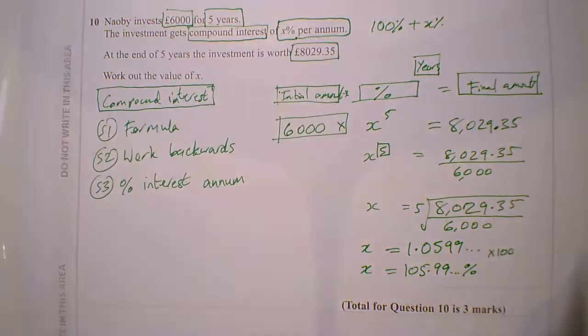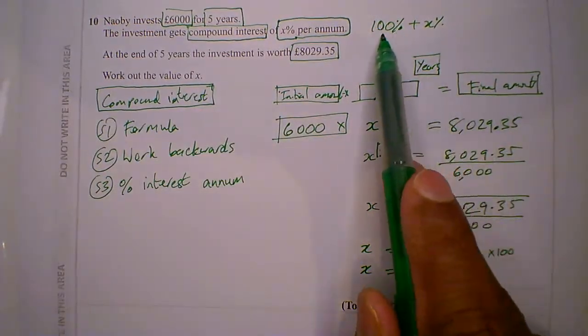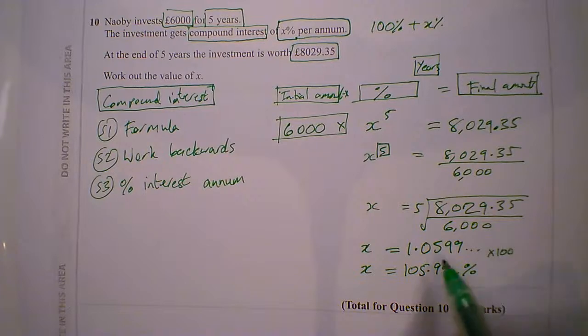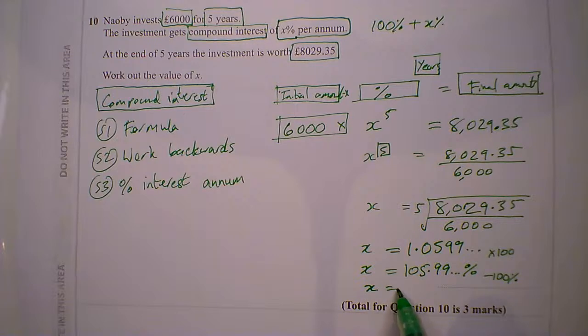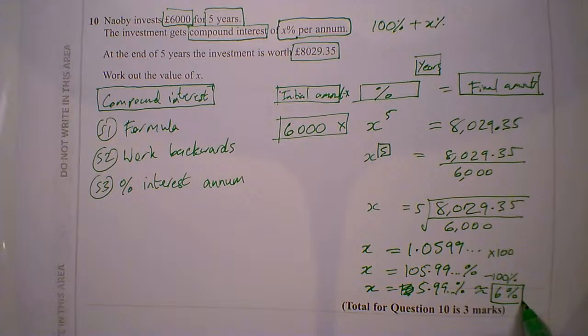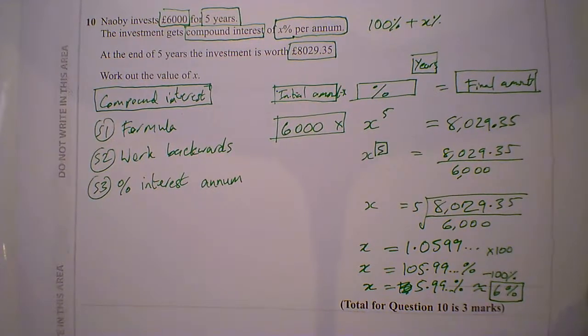Okay, so now remember I have to take away the 100%. So I have to take away 100%. That gives me 100 take away 100, it gives me 5.99%. So that you can round to 6%. So my final answer is 6%.